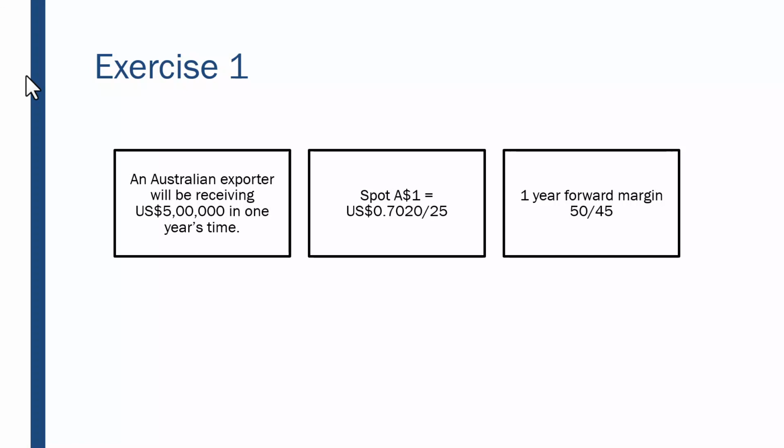Okay, fine. Now, since the bid has to be lower and the ask higher, but it is the other way around. Meaning what? Meaning that the Australian dollar would be trading at a discount, not at a premium. इसका मतलब ये है कि Australian dollar will be at discount, not at premium. That's why the forward margin is the jumbled one. Normally, if you read the forward margin, it will be 45/50.